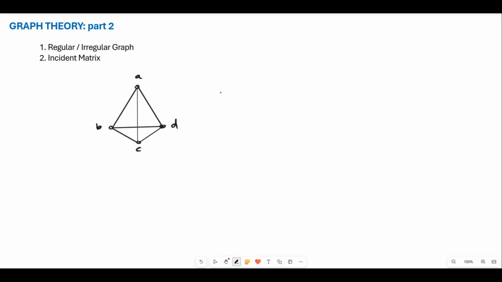Now, in order to determine the order of the node, the order of the node will be given as the number of incident branches. If we consider node A, here we have 3 incident branches, suppose number 1, 2, 3.